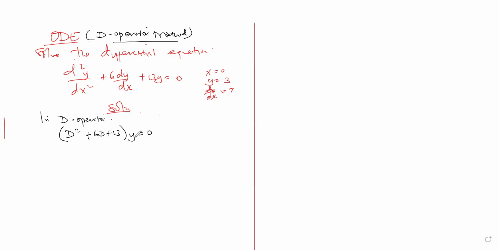Then we replace m for d and solve the auxiliary equation. So you replace m for d and solve for this part. You shall have m squared plus 6m plus 13 equals 0.